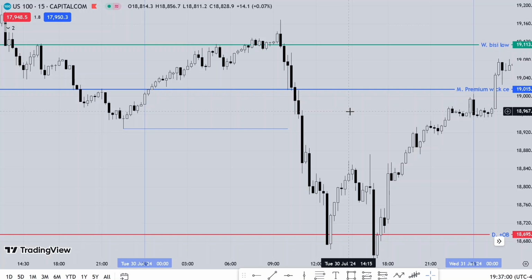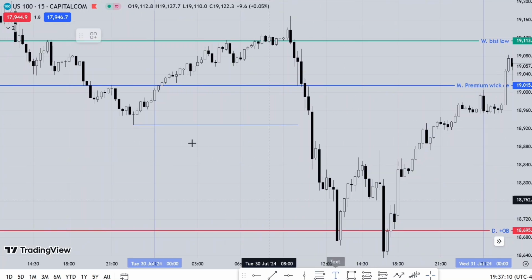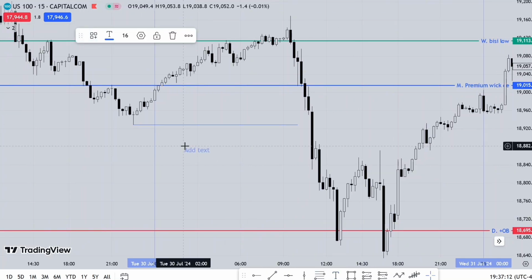So this is a clearer way to understand it. If price is moving from a monthly key level, it goes to a weekly key level to offload those initial positions.